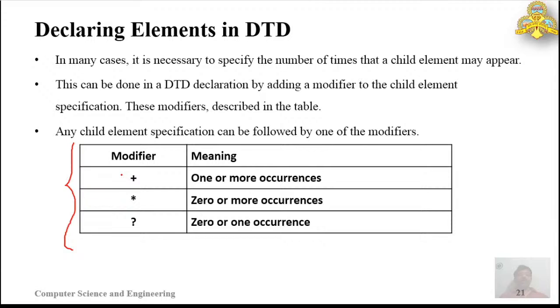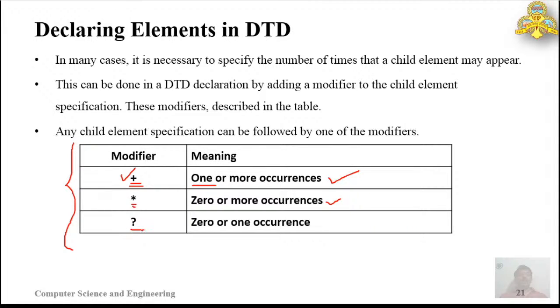If we append the plus symbol to the child element name, it means one or more occurrences. That means if a plus symbol is used with the declaration of the child element, then at least one occurrence of the child node is required. If an asterisk is used with the declaration of the child element, there may be 0, 1 or many occurrences of the child node.